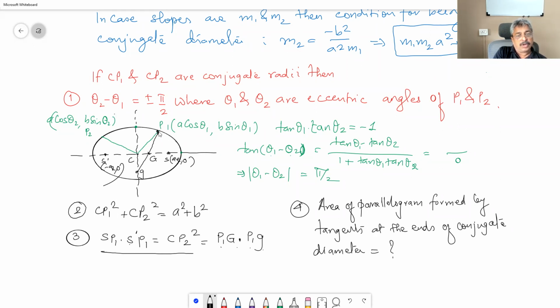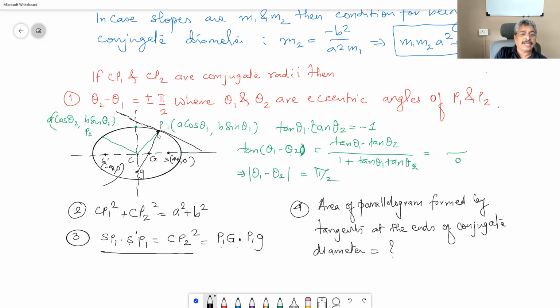Now, see what is so good about conjugate diameters is that the chords parallel to CP2 have their midpoints on CP1, right? And therefore, the tangent also will have the slope exactly equal to CP2, as a limiting case.